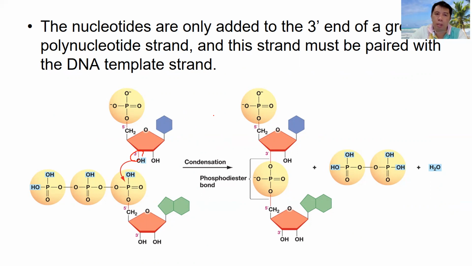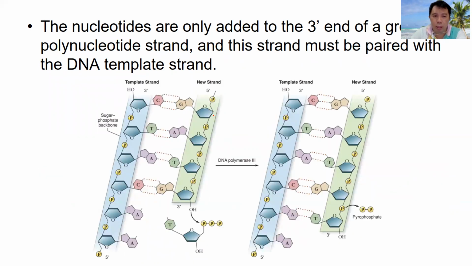Like here, this one is for DNA. This is the template strand, and this is the new strand they form. From here you can see the new nucleotide joins to the adjacent nucleotide to form a polynucleotide.